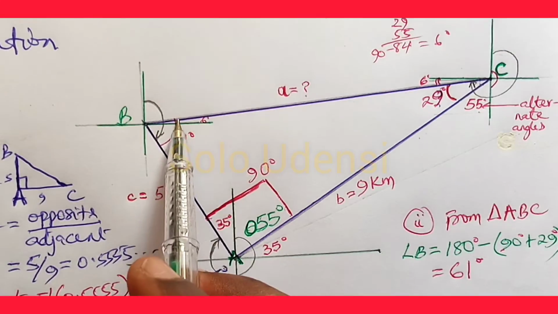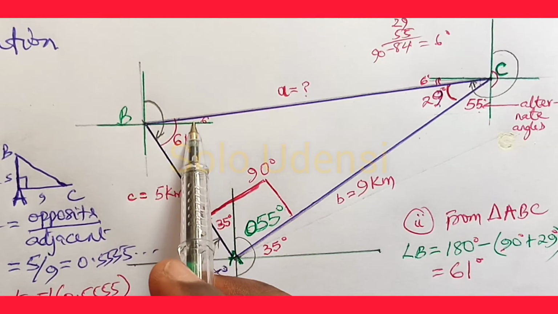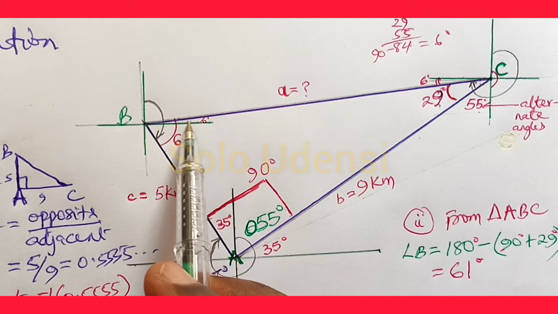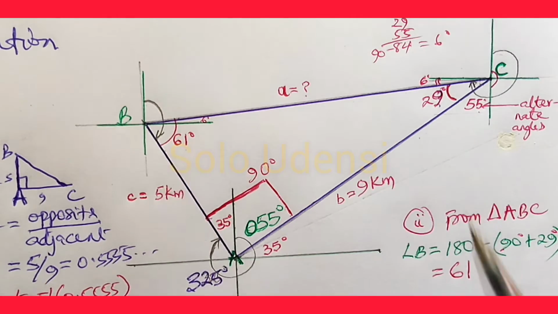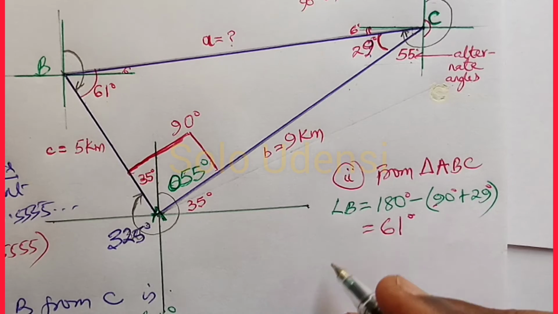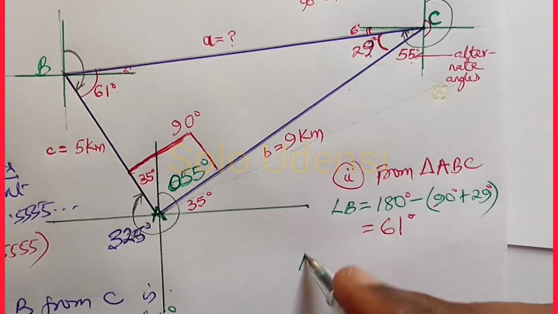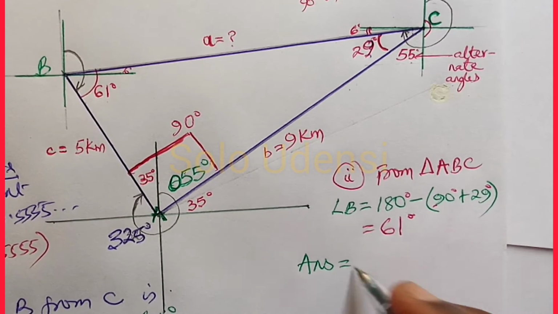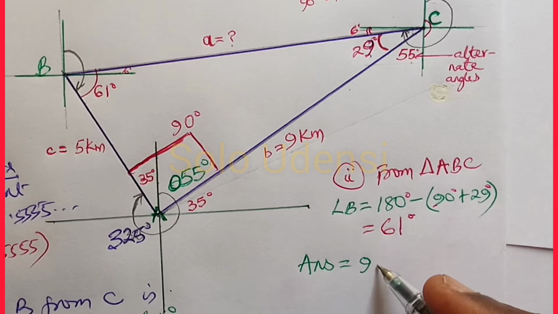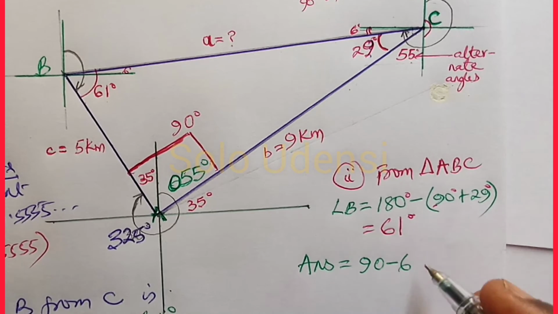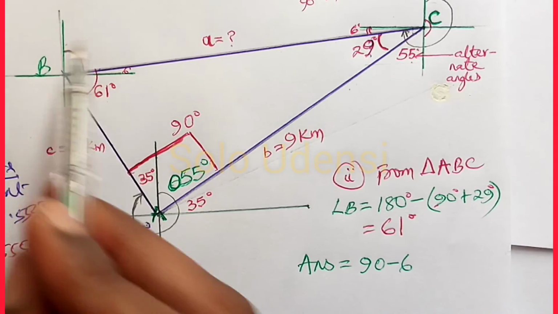Now we know from here to here is 90 degrees. So 90 minus 6 plus what will be here is the answer. So the answer is 90 minus 6 from here to here.